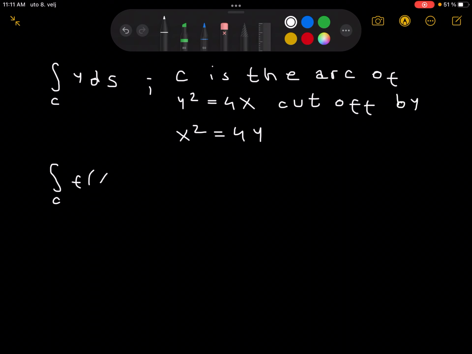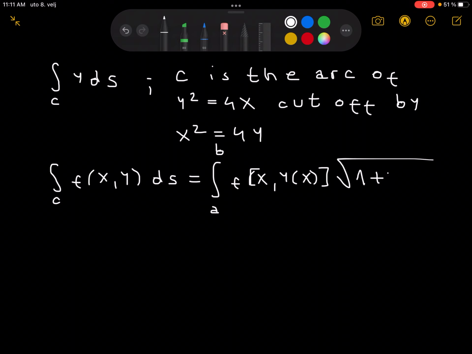The integral over curve C of some function of x and y, f(x, y) ds, is equal to the integral from a to b of f of x and y of x times the square root of 1 plus y prime squared dx.